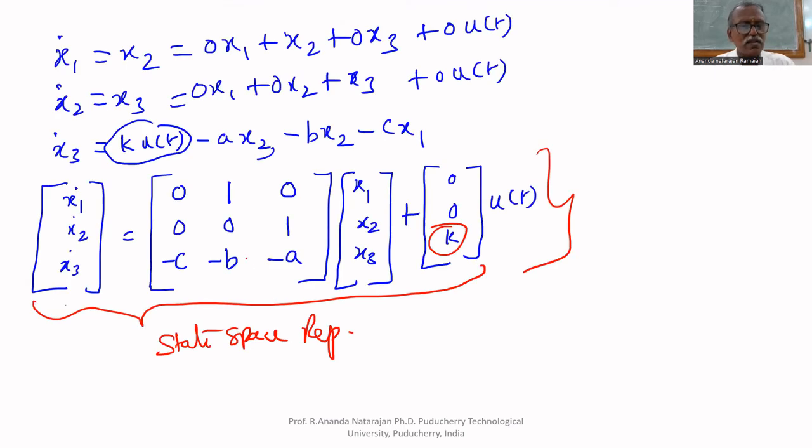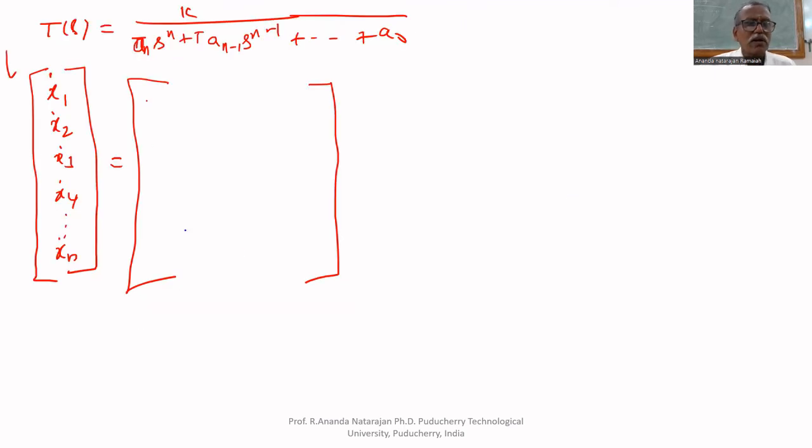Here A11, A12, etc., A1n. Here A21, A22, etc., A2n, etc., An1, etc., Ann. You will get n by n matrix elements.